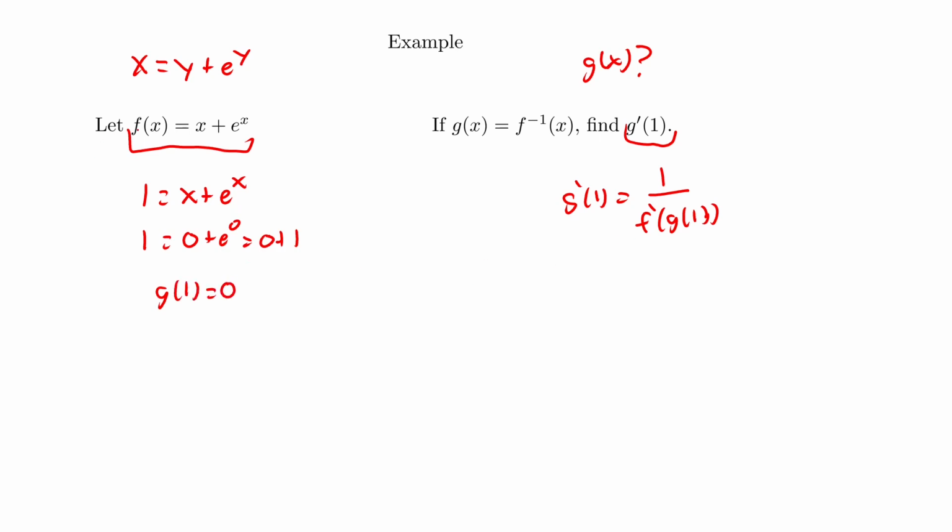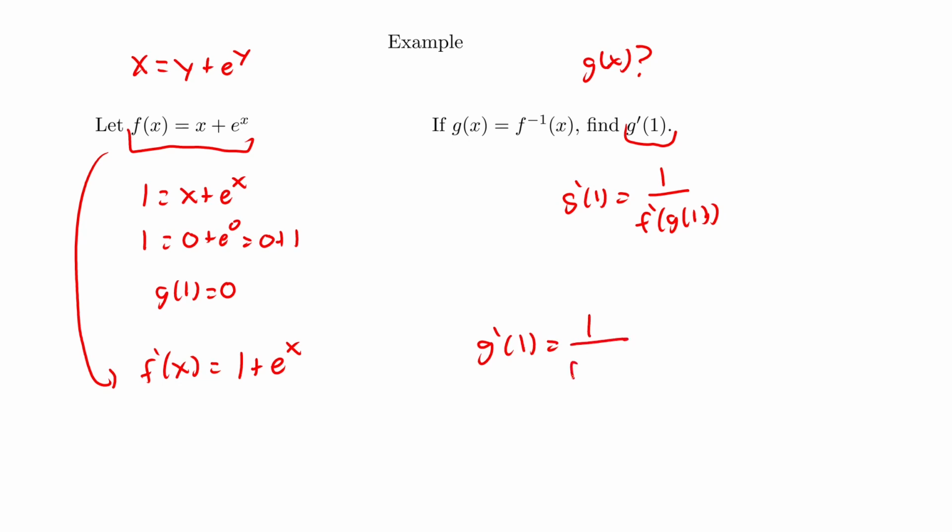Now, we can actually apply this formula. So we have that f of x is x plus e to the x. That means that f prime of x, which we can just find directly, is going to be 1 plus e to the x. And now we can find what g prime of 1 is, because that's going to be 1 over f prime of g of 1.